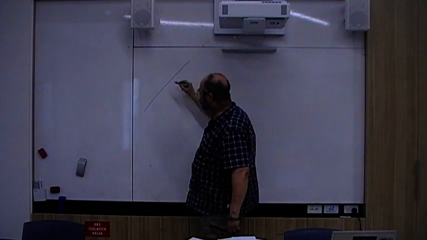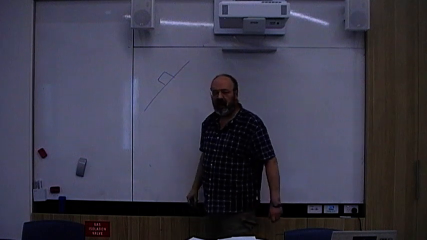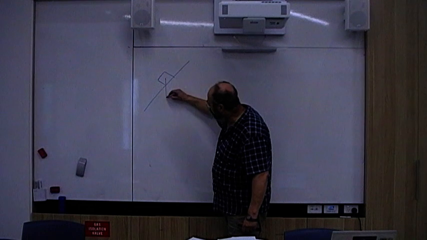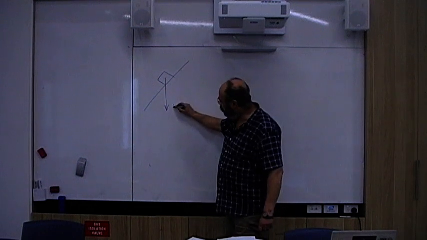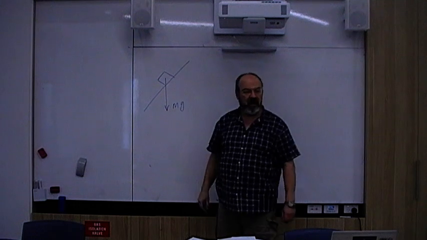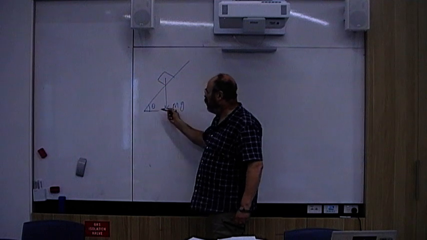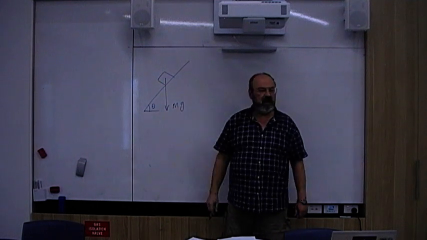If we have, let's say, an inclined plane with a mass on it, how do we find the resolution of the gravitational force along the inclined plane, where this angle is theta?